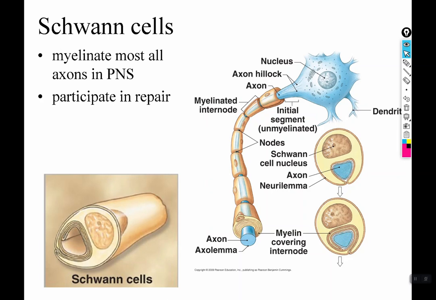One thing that Schwann cells do is they participate in the repair of axons that have been damaged. While neurons are not mitotic, they don't reproduce by mitosis any longer, they are capable of fixing an axon that has been cut off. It takes a while, but the Schwann cells can help the axon find its way back to where it used to go.